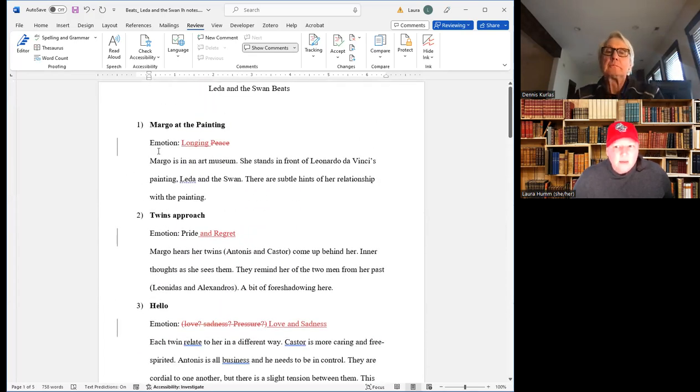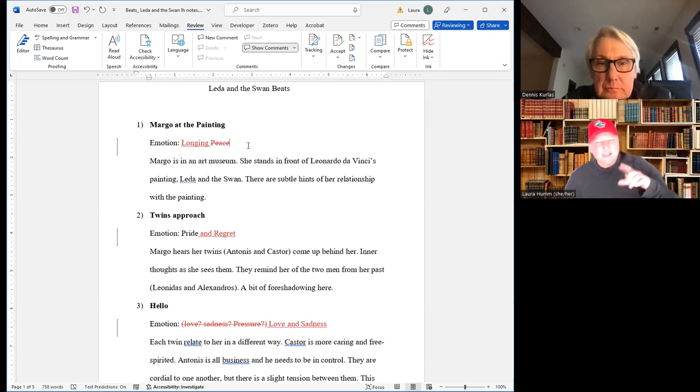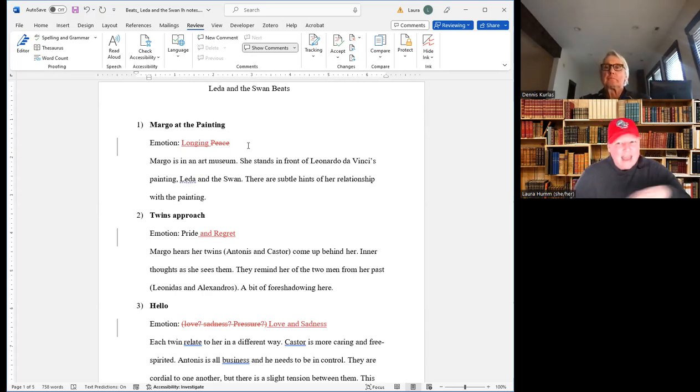When you're talking about this longing and peace, your emotional intensity is about a 1 or a 2. You want your reader to feel good, they're in it, they're with you. That's why I initially went with peace, because you want them to feel at ease.